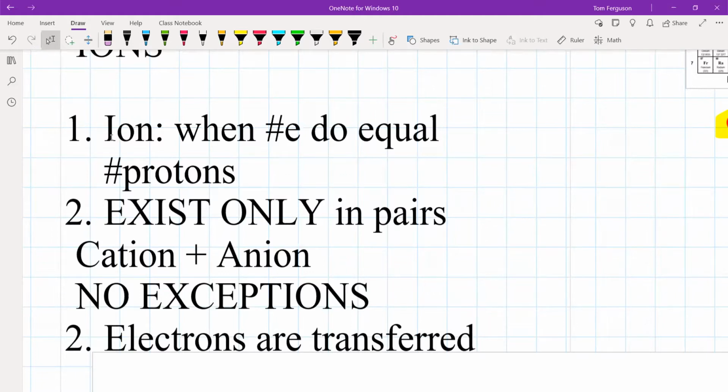In which case, since electrons are negatively charged and protons are positively charged, that means we're going to have a net charge whenever we have an imbalance of electrons and protons.